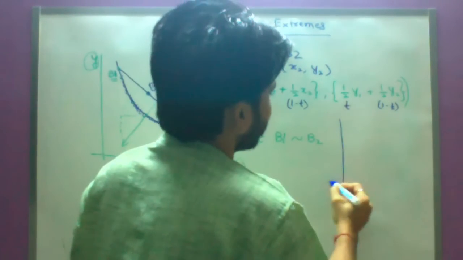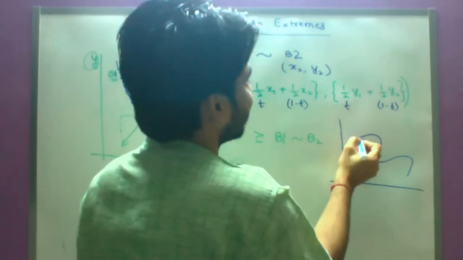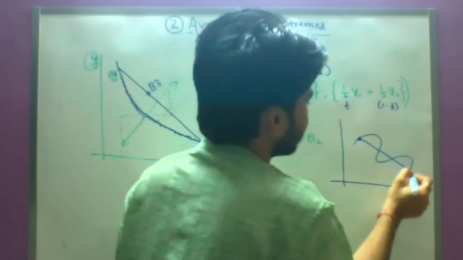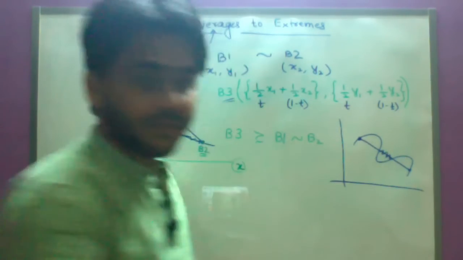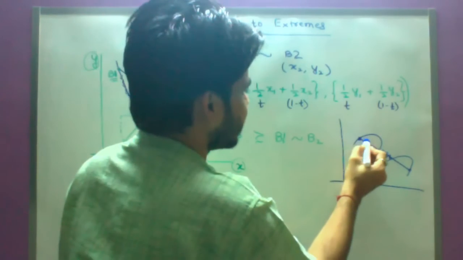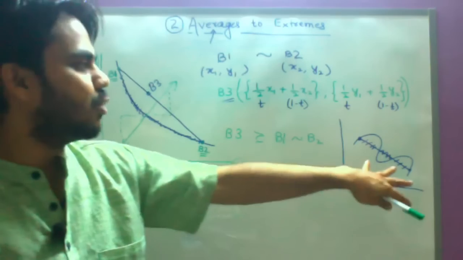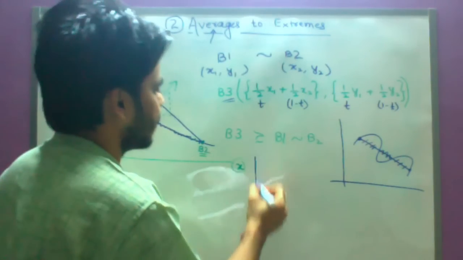So what about I tell you that this is my indifference curve? In that case, if I connect two points over here, you can pretty well see that there are points which are above, there are points which are below. So this definitely is a non-convex indifference curve. Let's take another example.